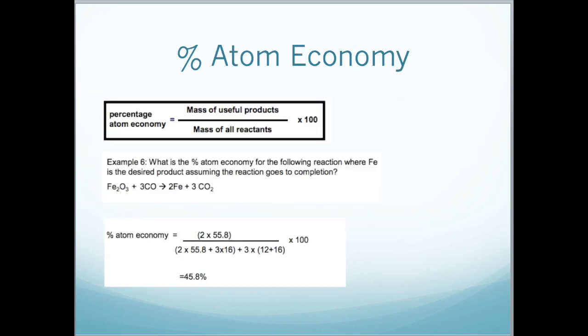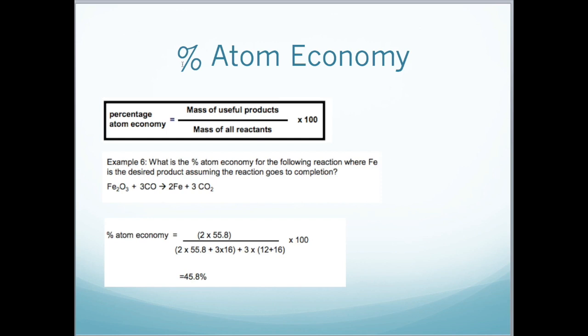Let's also look at atom economy. In order to calculate percentage atom economy, we need to divide the mass of the useful products by the mass of all reactants times 100. So here I've got an example. It says, what is the percentage atom economy for the following reaction where iron is the desired product, assuming the reaction goes to completion?